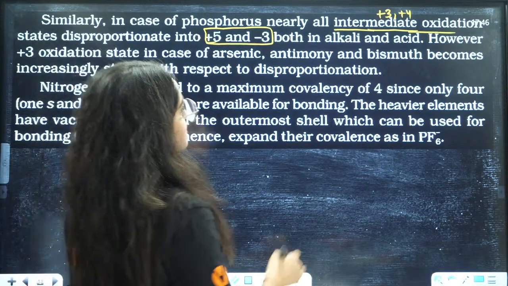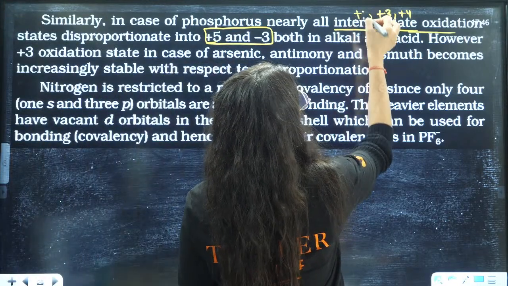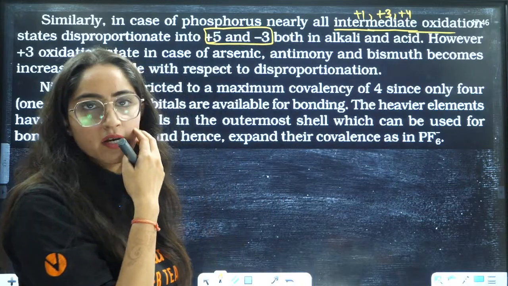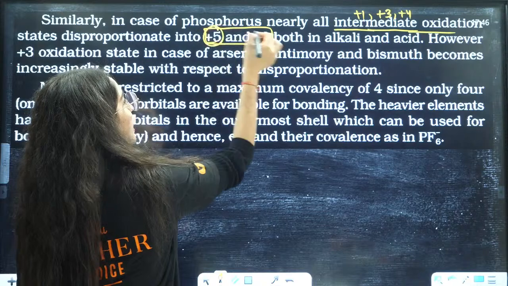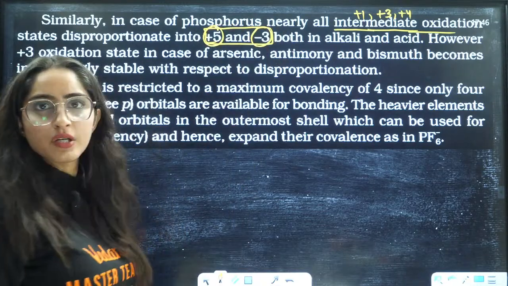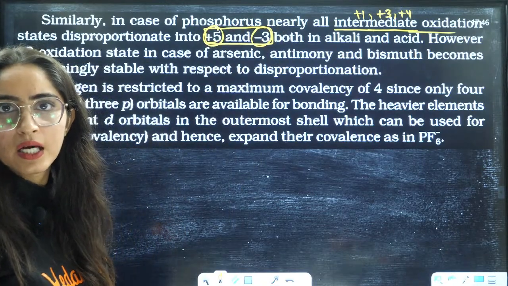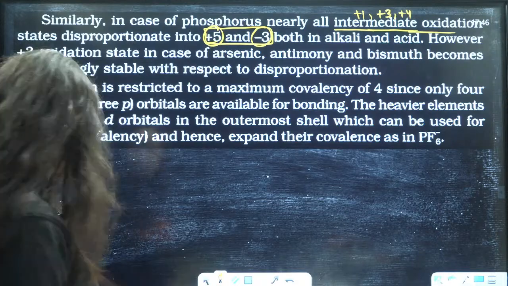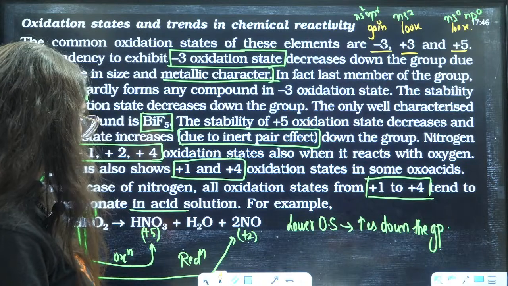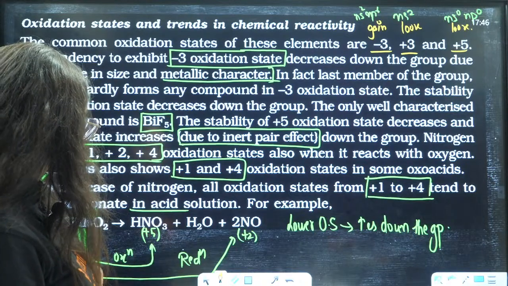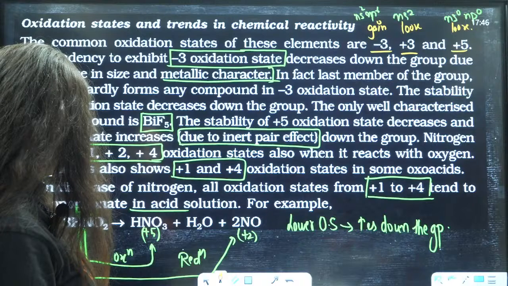So it can be +1, +3, +5. Then it will get converted to +5 and -3 oxidation state. Okay, +5 and -3 oxidation state.